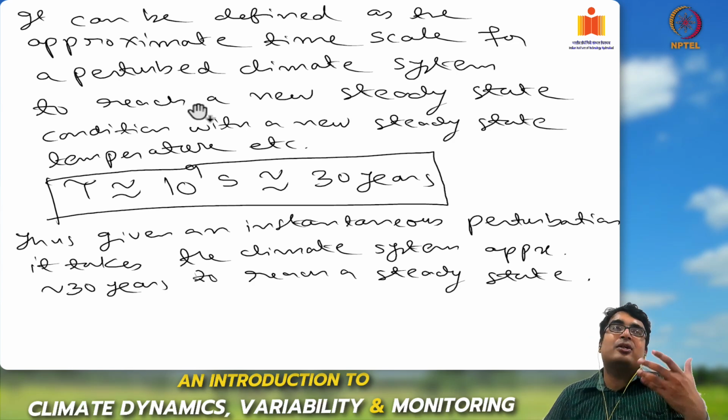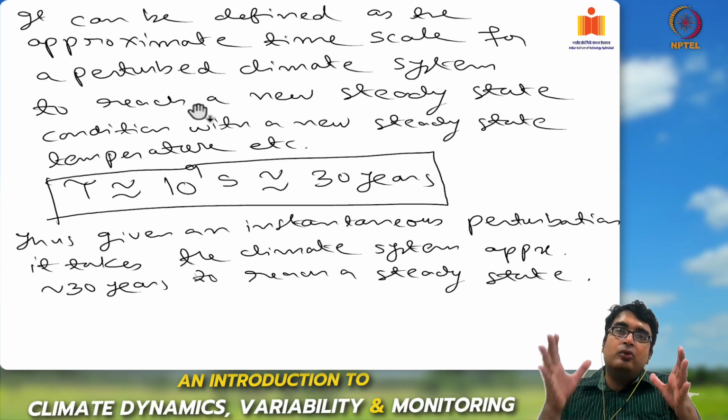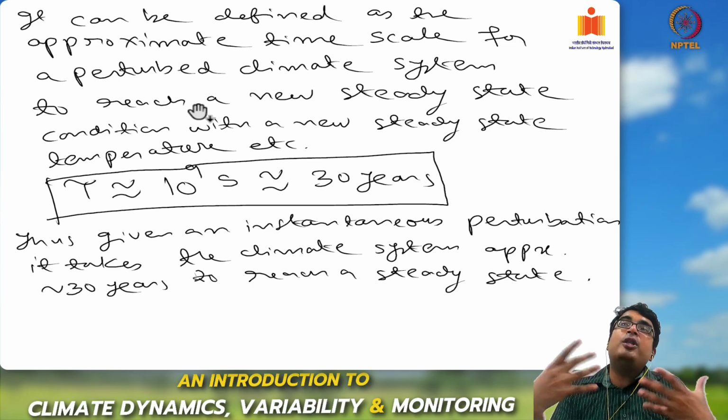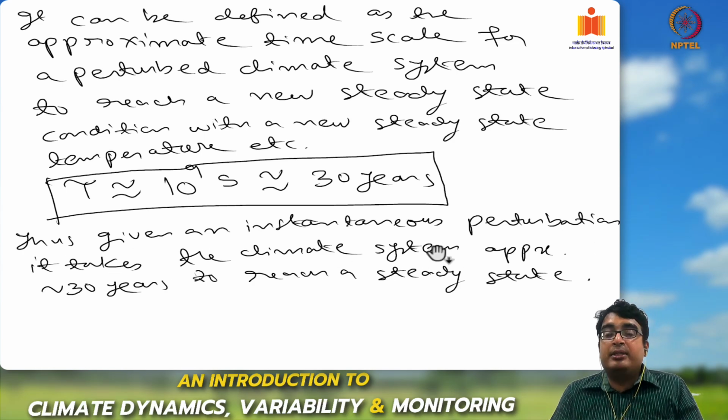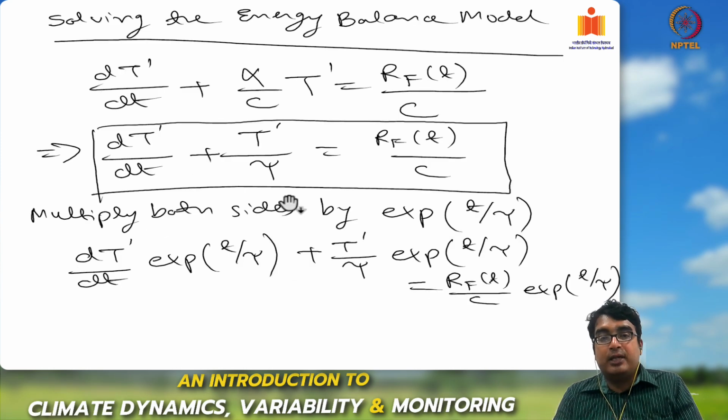So 30 years is a convenient time frame to define the response of the climate system. Okay. So given an instantaneous perturbation, it takes the climate system approximately 30 years to reach a new steady state. Alright, so that is the expression of tau.